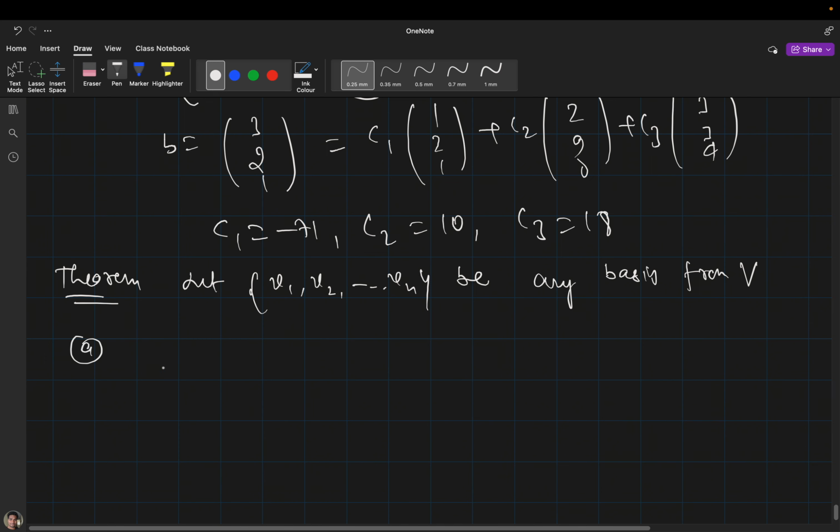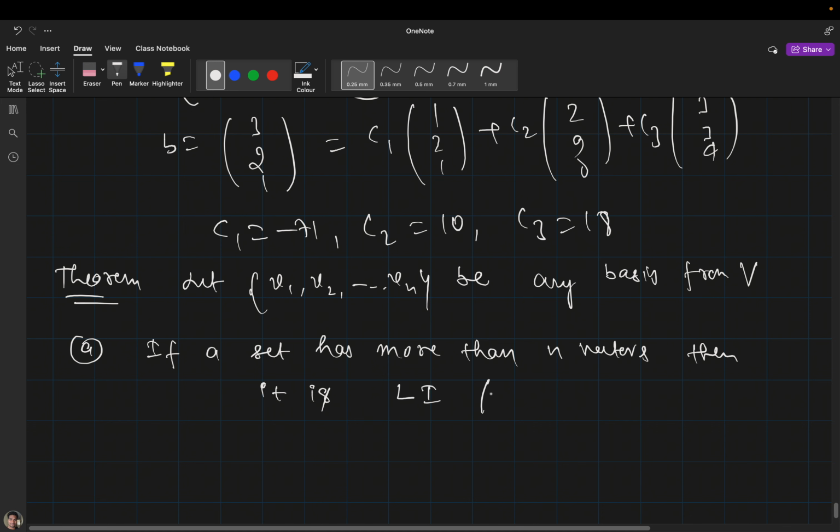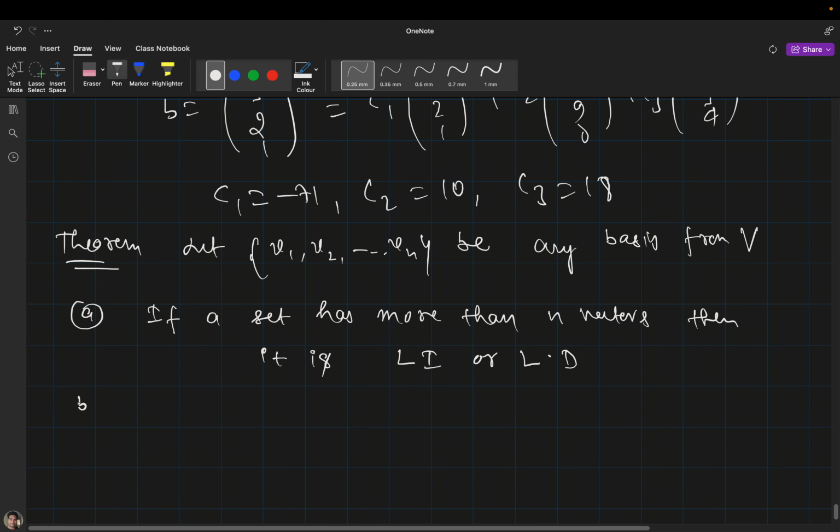Then the first is, if a set has more than n vectors, then is it linearly independent or dependent? Tell me.